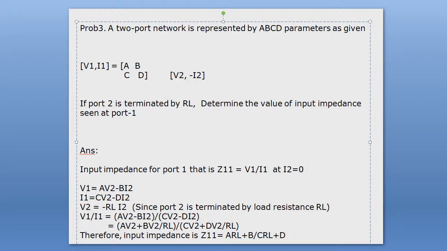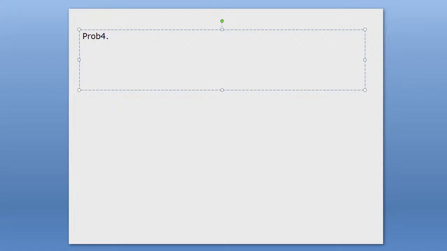Now I will give you a simple problem, but in terms of complex parameters. You will solve this problem yourself, and after solving you must write your answer in your chat box. This is problem 4, a T-type network.